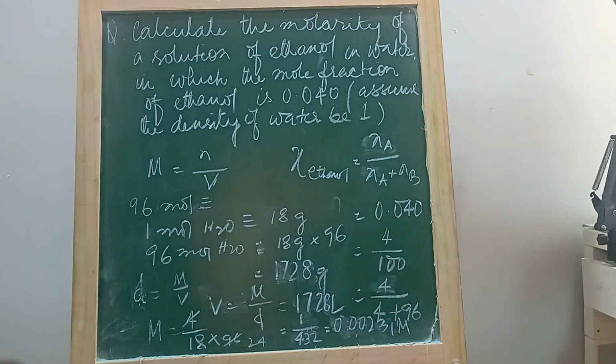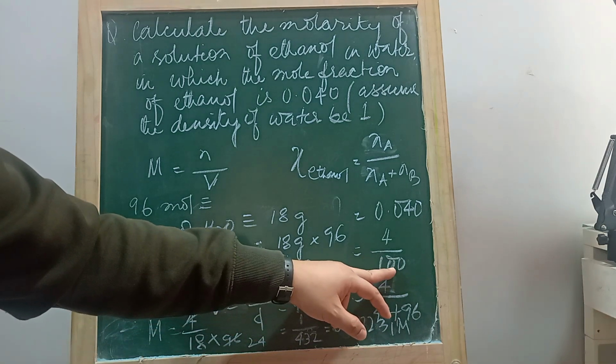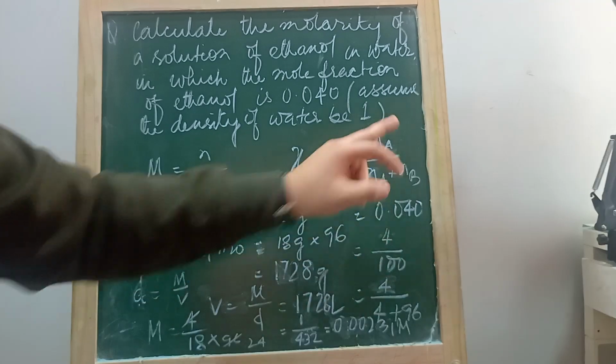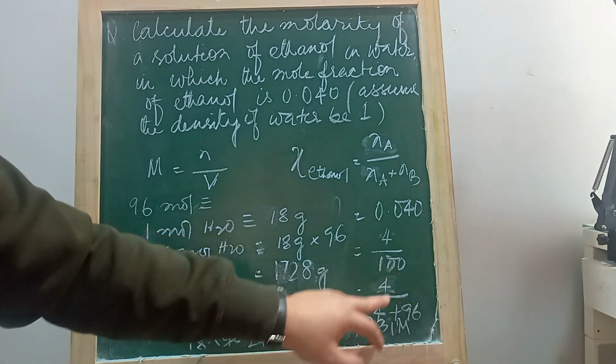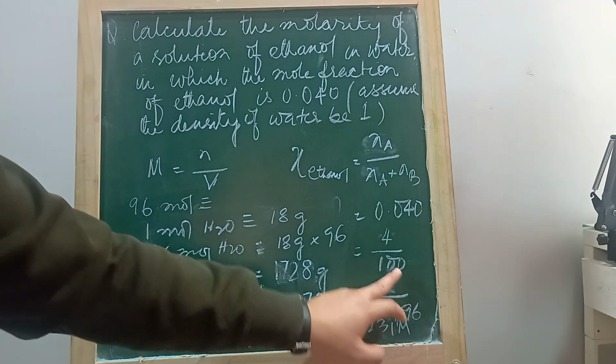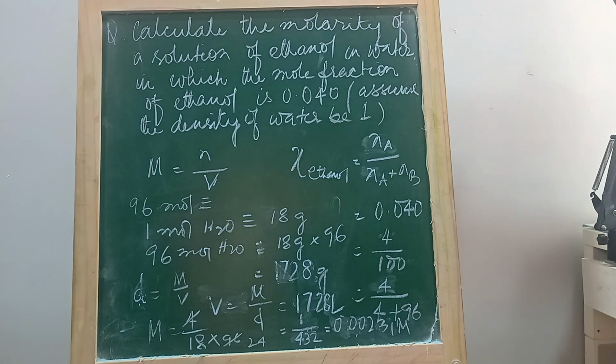This 100 contains 4 moles of ethanol, so the remaining 96 moles, because 4 plus 96 will be 100. What will remain in 96? It will obviously be water. So we have 96 moles of water.